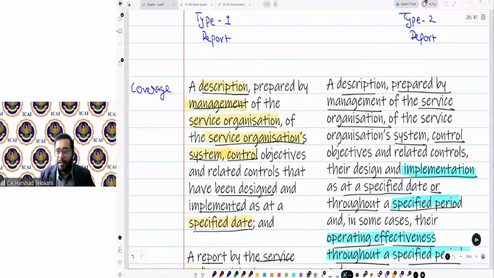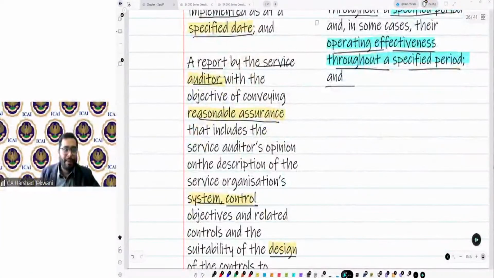When you add operating effectiveness in the type 1 report, you will get type 2 report. Are you getting my point? Understand the difference here between the type 1 report and type 2 report.